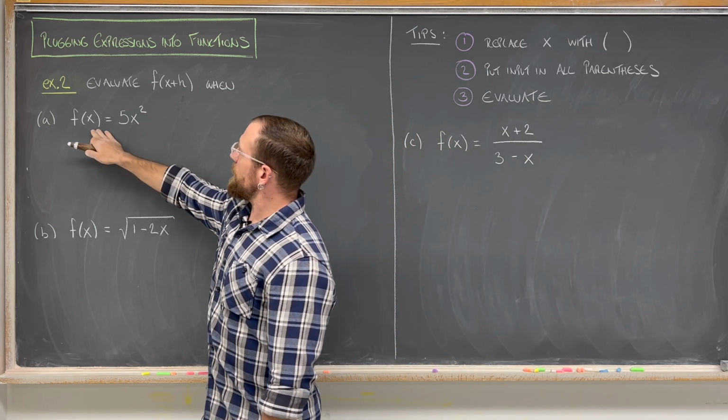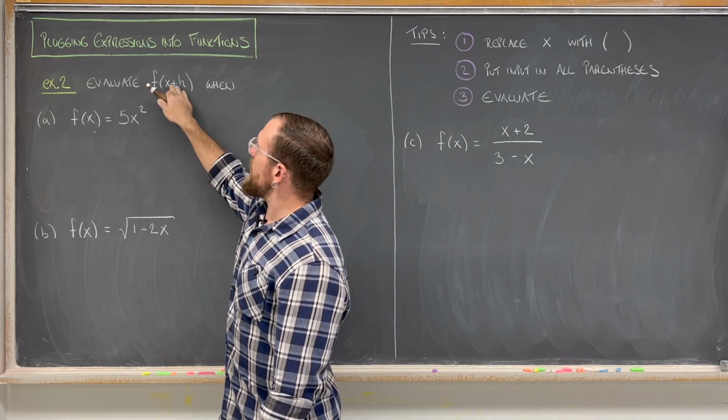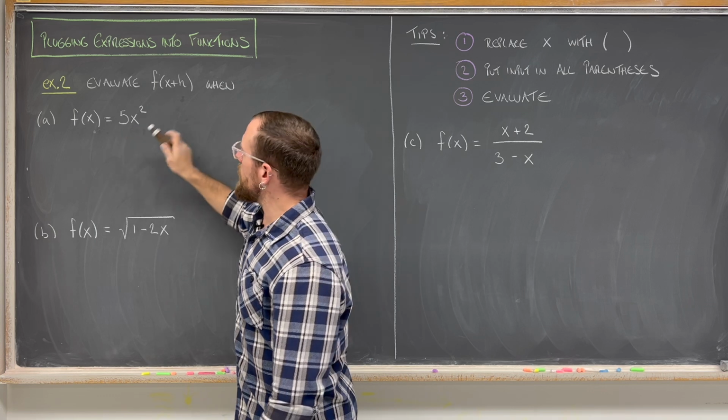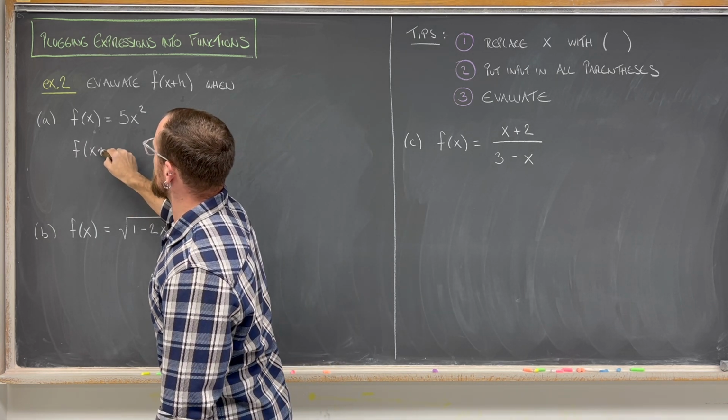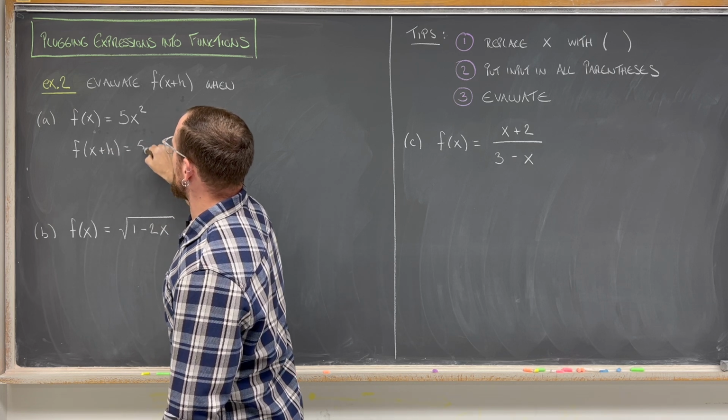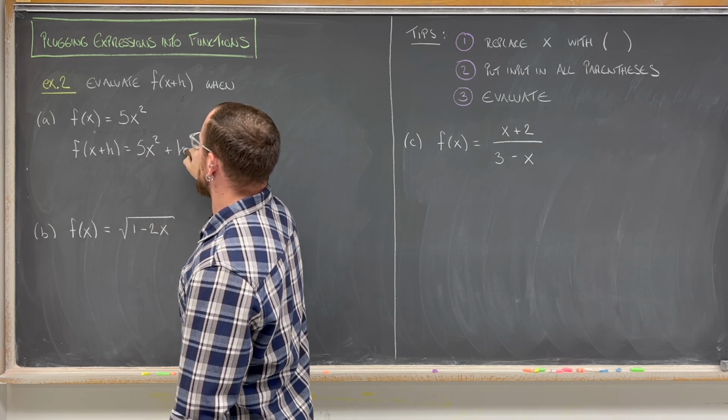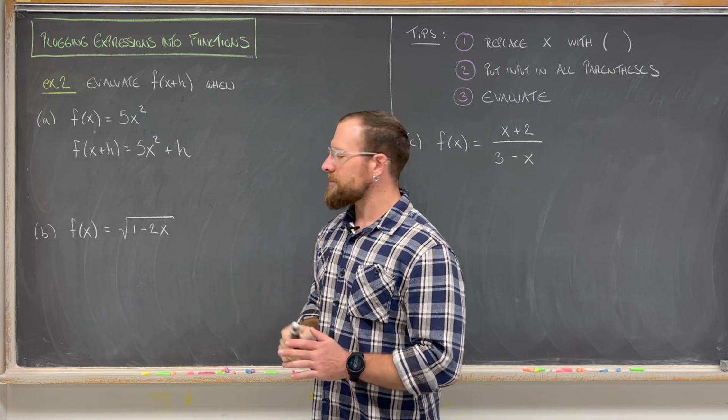If the function f is 5x squared, what's f of x plus h? Well, again, a common mistake would be to say that f of x plus h is f of x plus h. That is incorrect. Okay?